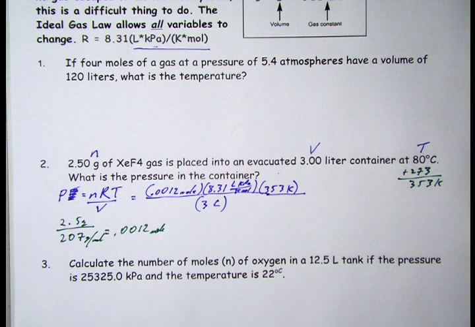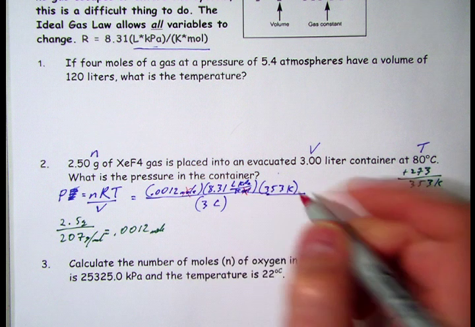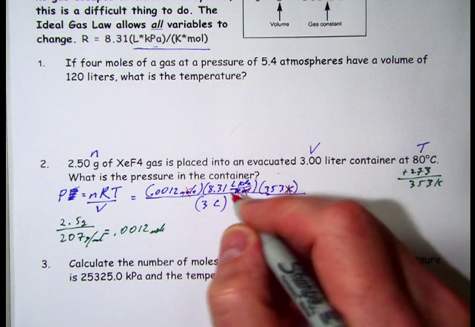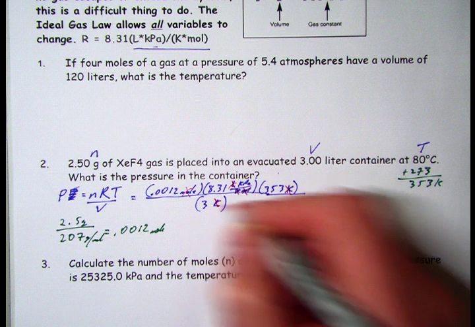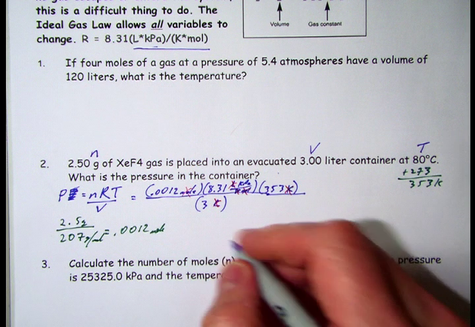Now, if we trace the units here, we have moles in the numerator and denominator that cancel, Kelvin numerator, denominator, liters numerator and denominator, and we're left with kilopascals.